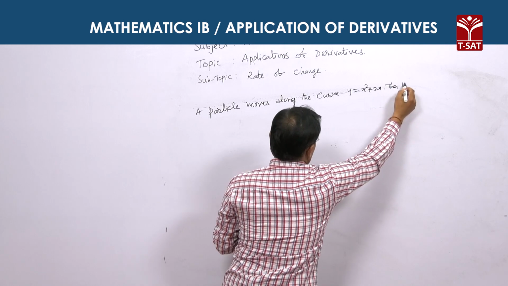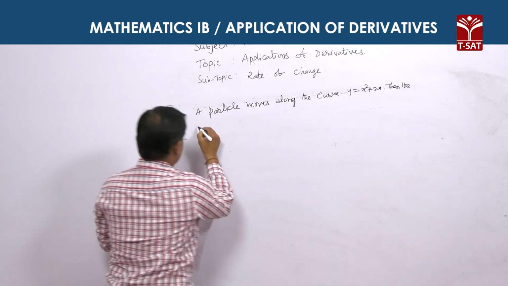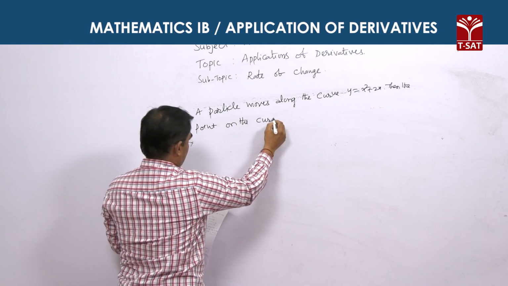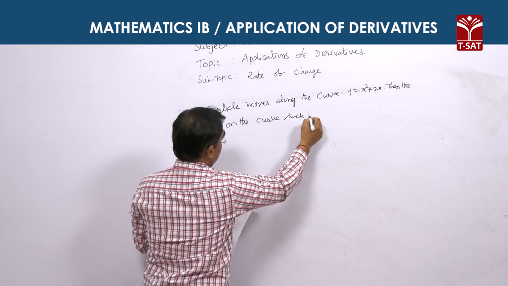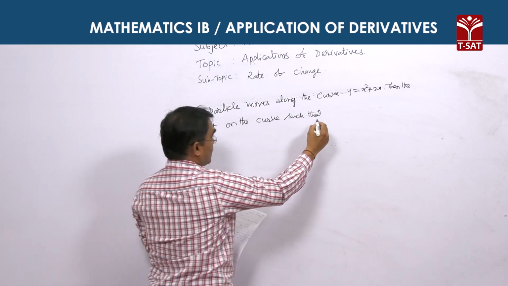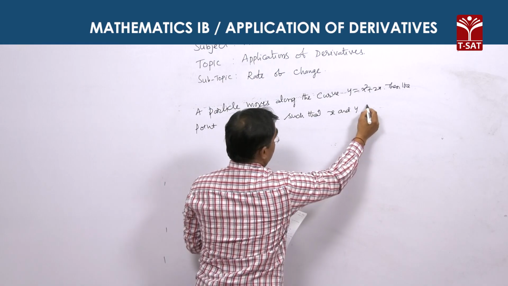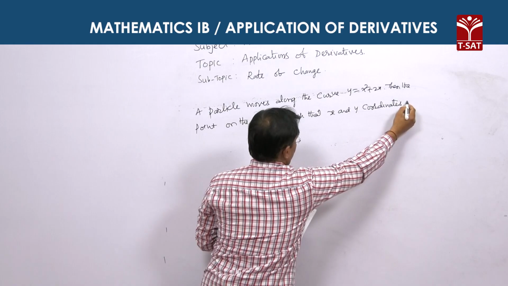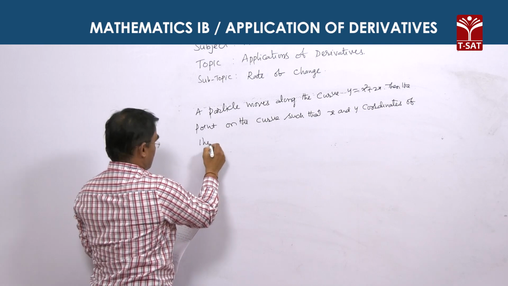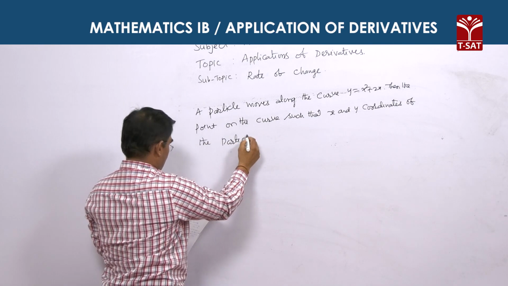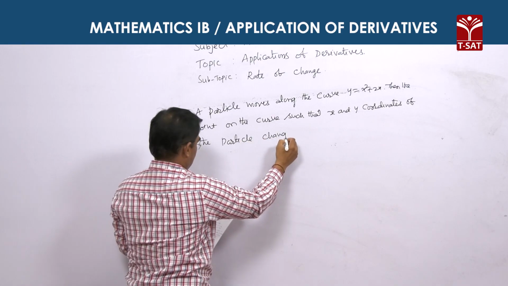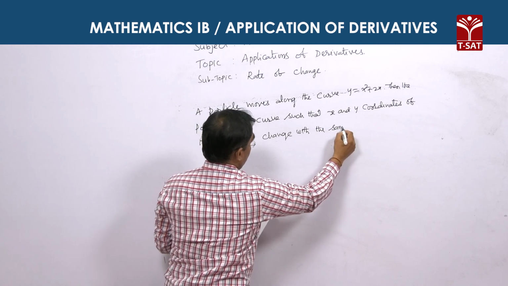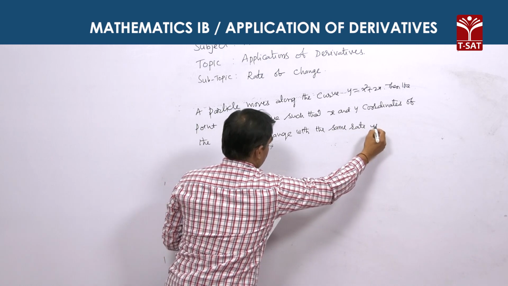Then the point on the curve such that the x and y coordinates of the particle change at the same rate is dash.